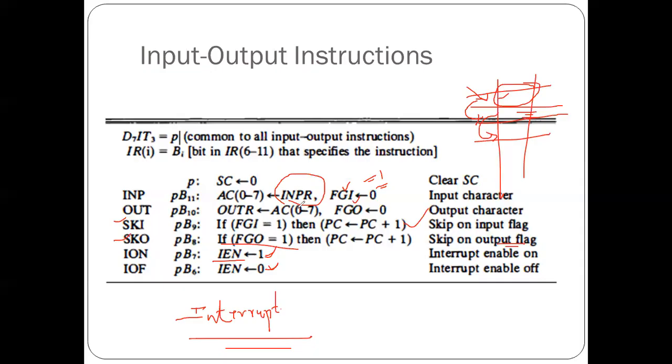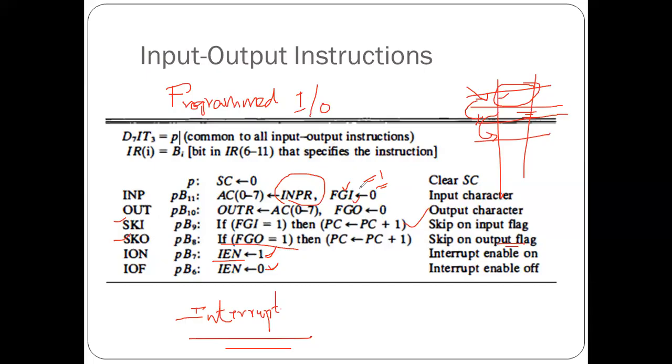This type of mechanism, the method used for communicating with the input or output device, is called programmed IO. We write a program that checks the flag bits FGI or FGO.